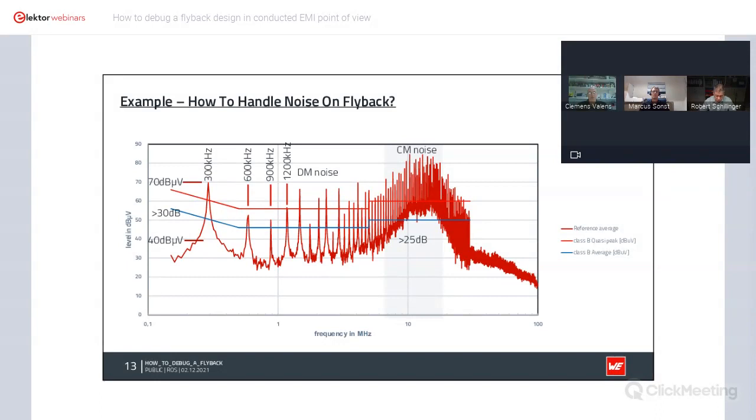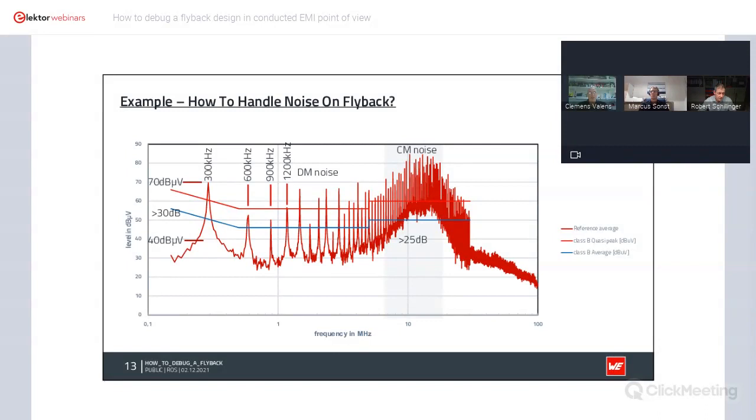To have a good solution, we say every time: try to be 10 dB below the average line. And this results in around 30 dB, so we must have an attenuation device to filter the differential mode.